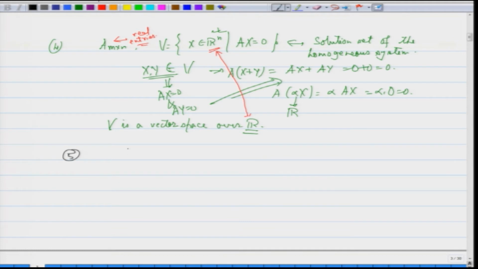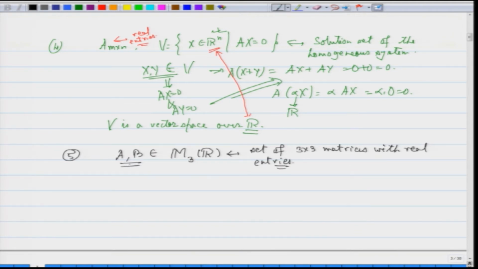I have this now, let us look at the set of all 3 cross 3 matrices. So, I have A and B belonging to M3 of R. Remember, M3 of R means the set of 3 cross 3 matrices with real entries. So, given two matrices A and B which are 3 cross 3, I can add them.